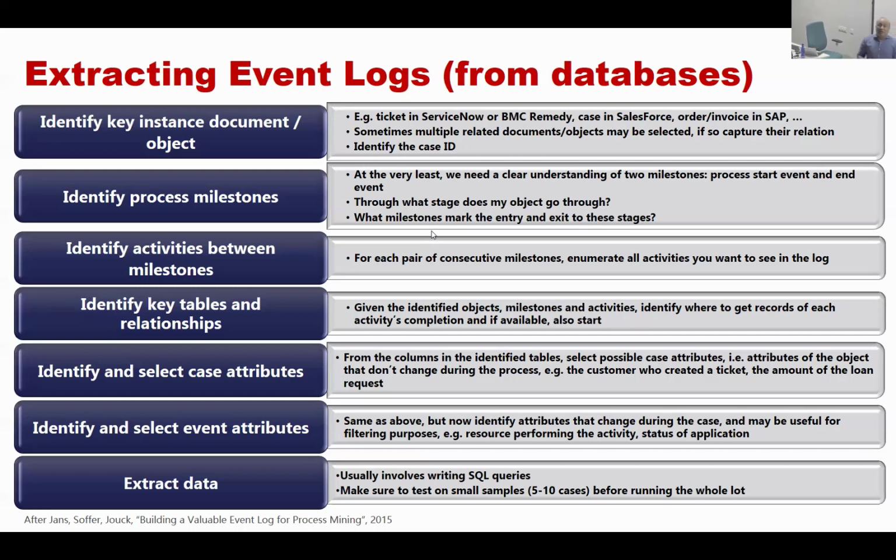Now we need to extract it, and we need to make sure that we can relate multiple tables together. So you need to have a good idea of where the foreign keys and the primary keys are that will allow you, for example, to join data about your customers, like the customer addresses, names, shipping addresses, etc., with the data about the purchase orders that you have received from your customers, and how these purchase orders have been shipped, etc. You need to have a very good understanding of how to connect these different tables.